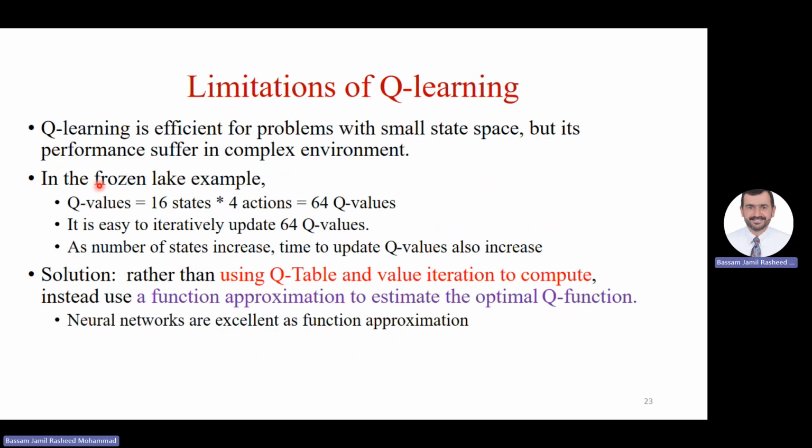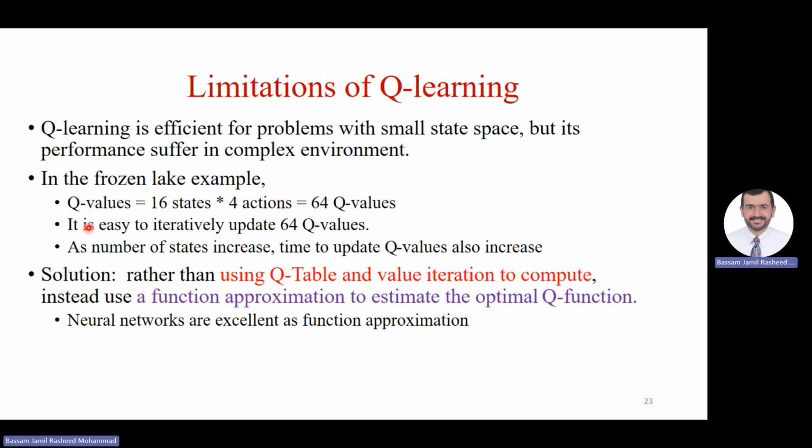Okay. So the limitations of Q learning: this algorithm works beautifully, and it is efficient as long as you have a relatively small state space and a manageable number of actions. But if you have a very large state space, then the performance suffers in complex environments, as can be predicted.